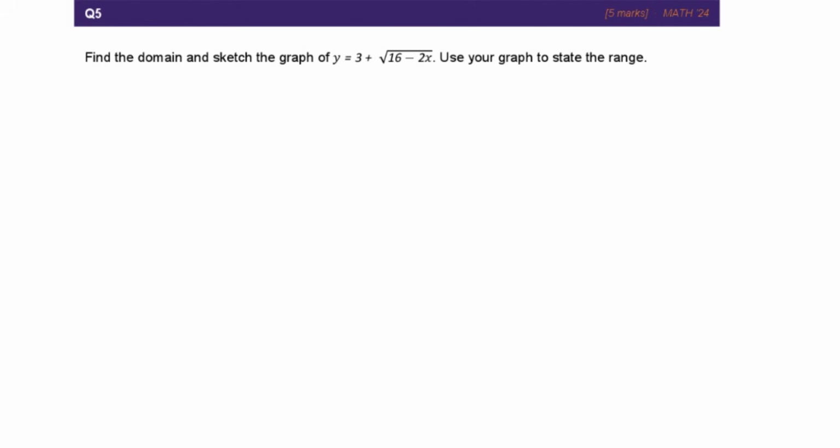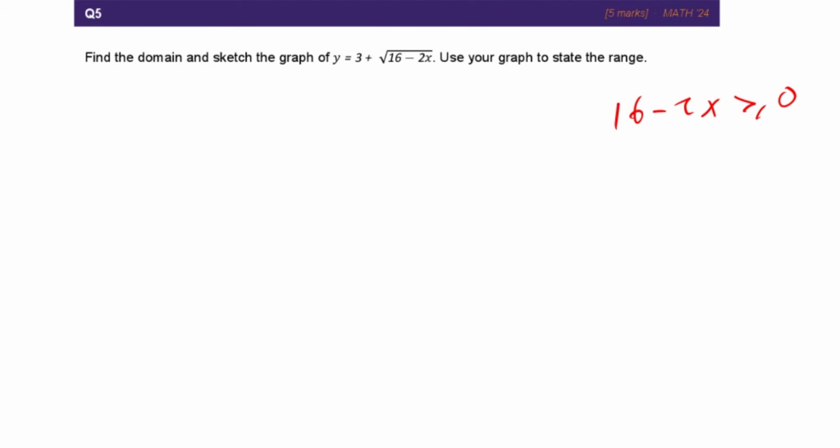Another set of questions is saying, find the domain and sketch the graph of this. In this case, the domain you only consider the part that is, since it has got no fraction at all, it is just a radical function. The domain you consider the part that is in the square root only and equate greater than or equal to 0. That's all.